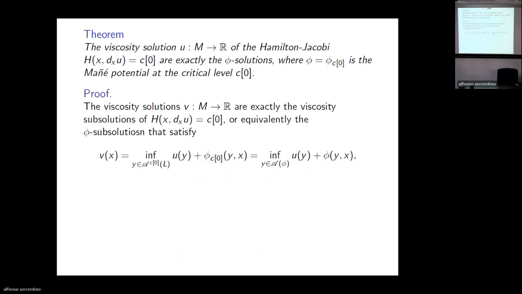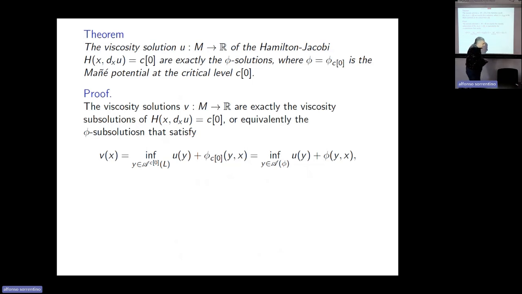And again, now let's deal with the solutions. The solutions of the Hamilton-Jacobi equation are exactly the phi solutions, okay. And the viscosity solutions are exactly the viscosity subsolutions, or equivalently the phi subsolutions, here again it's a v and not a u, that satisfy the representation formula for phi c0.